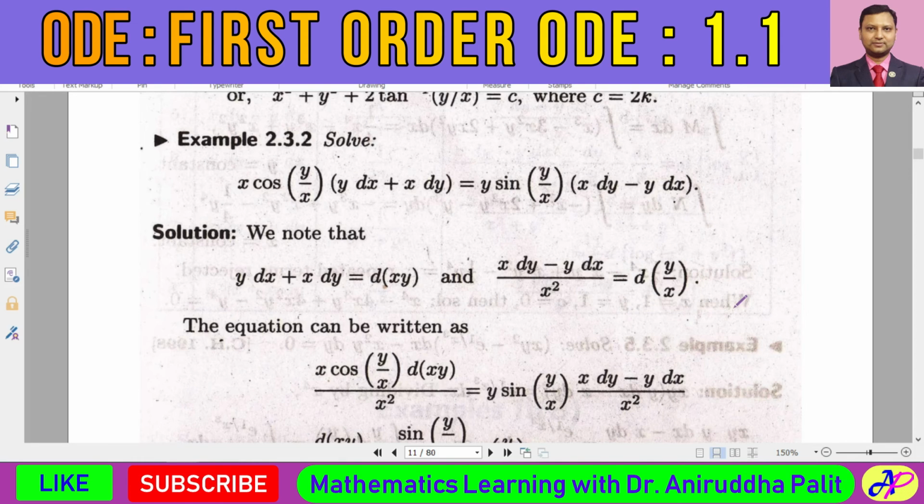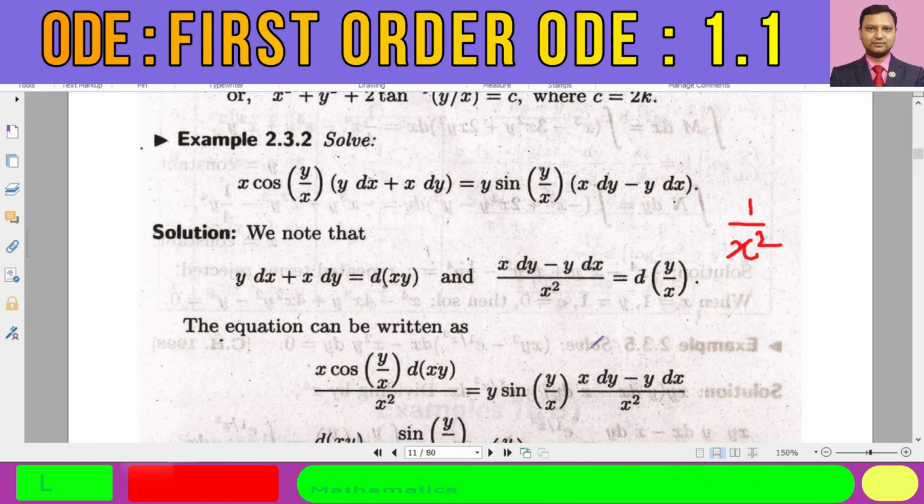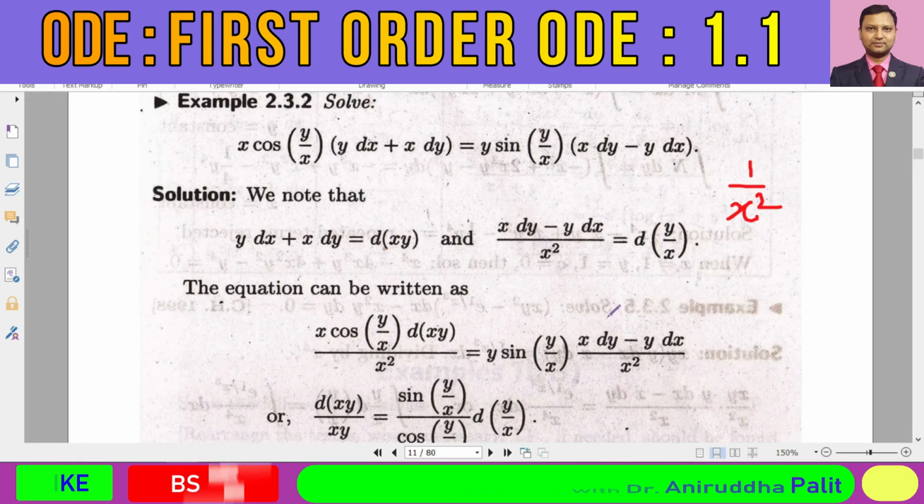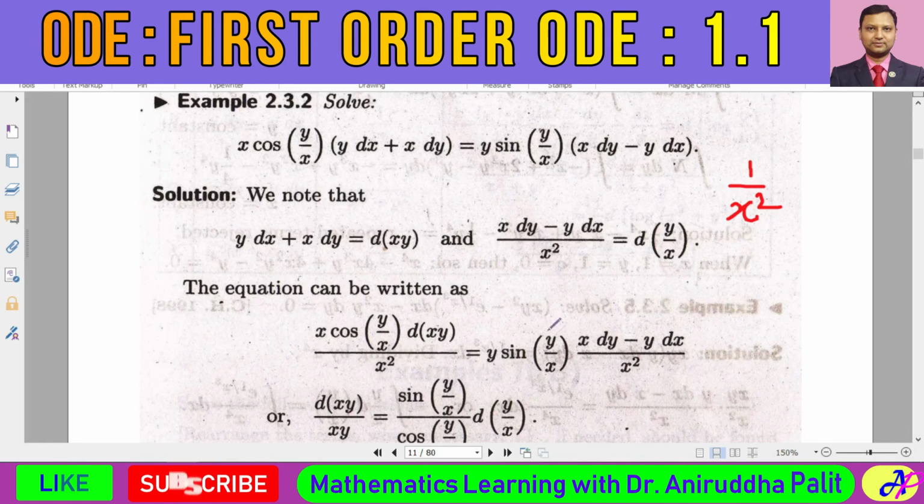So division by x square means we are multiplying this expression by 1 by x square. So division is also kind of multiplication.